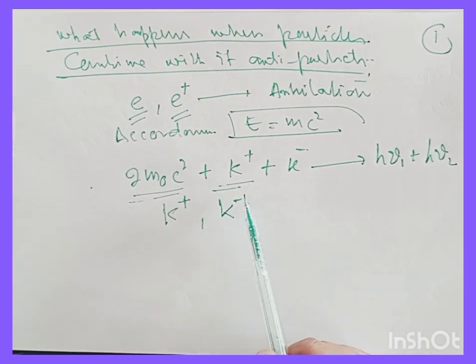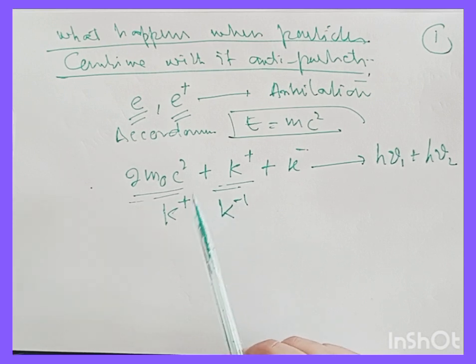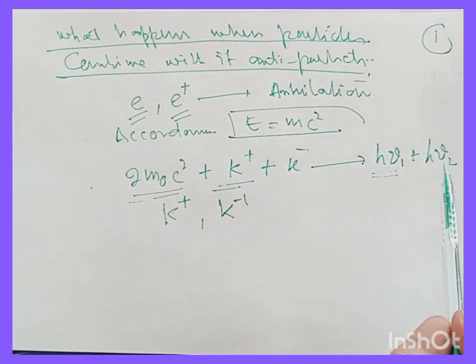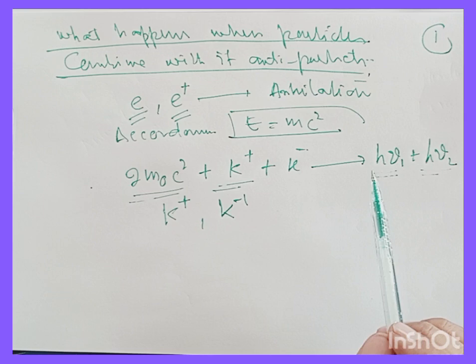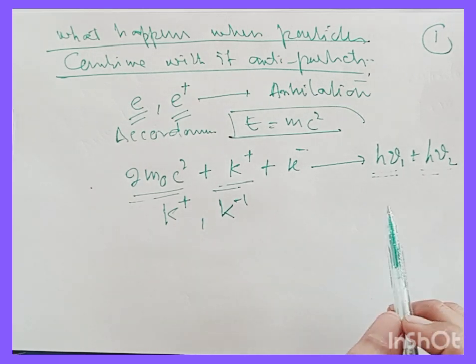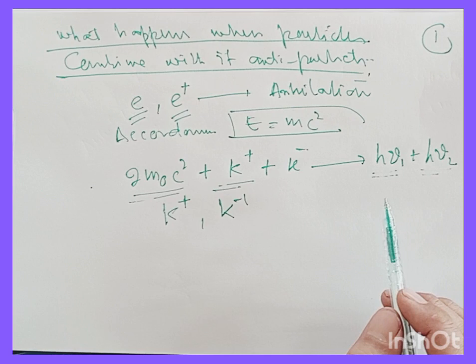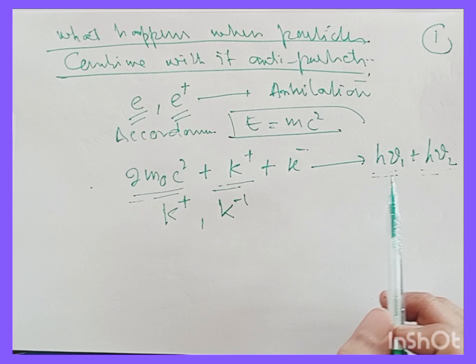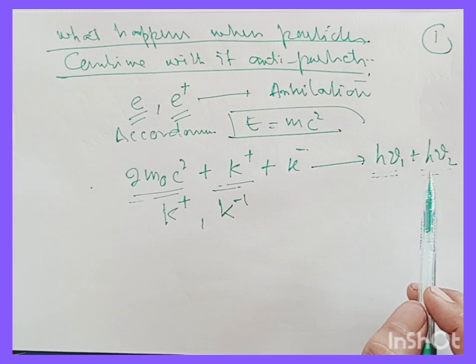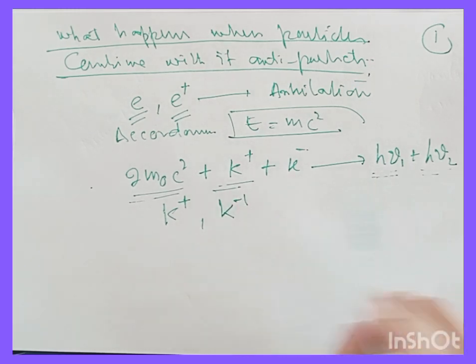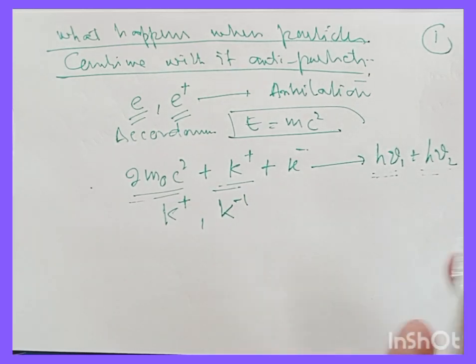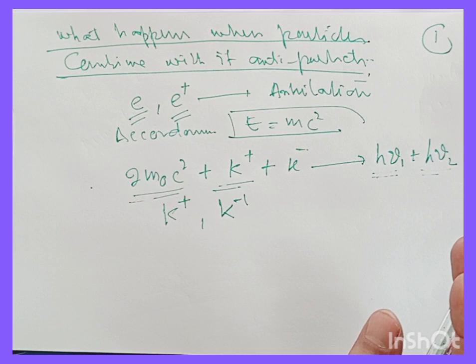The photons that are produced have frequencies nu 1 and nu 2, the frequencies of the two photons liberated in the process. In a particle-antiparticle situation, we call this annihilation: the combining of the two particles.